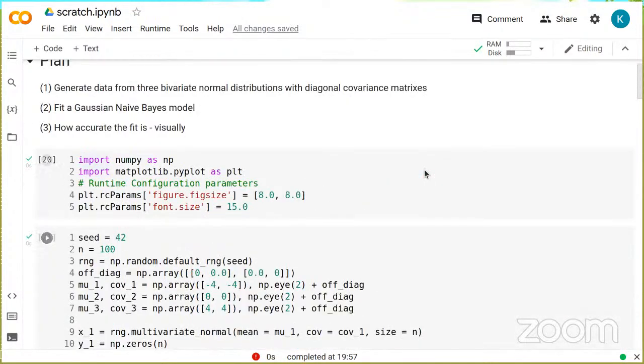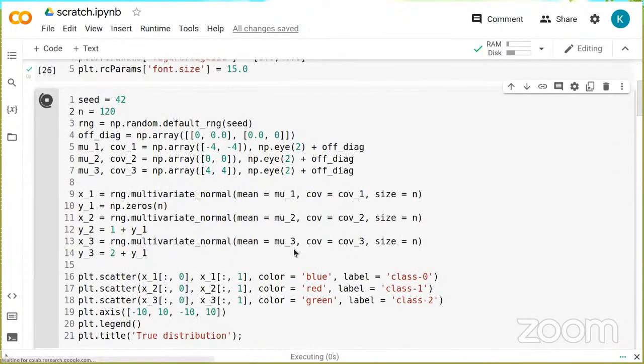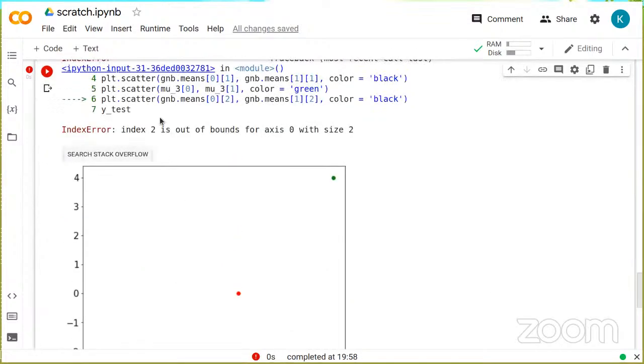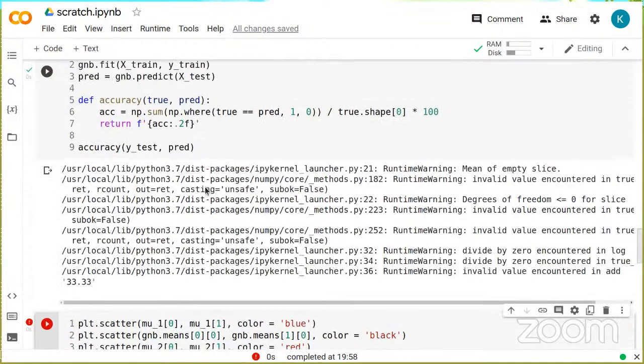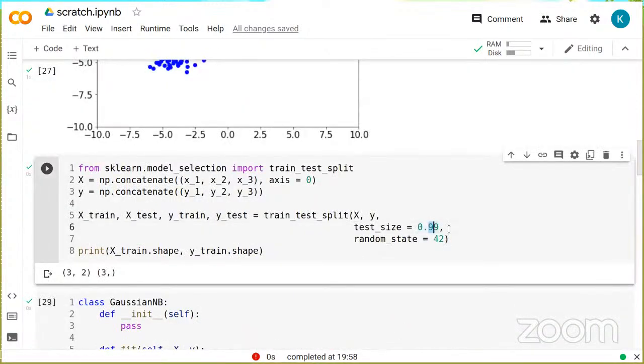Okay, so nothing is coming in one class. I guess this size is too big. So we call it 0.90.